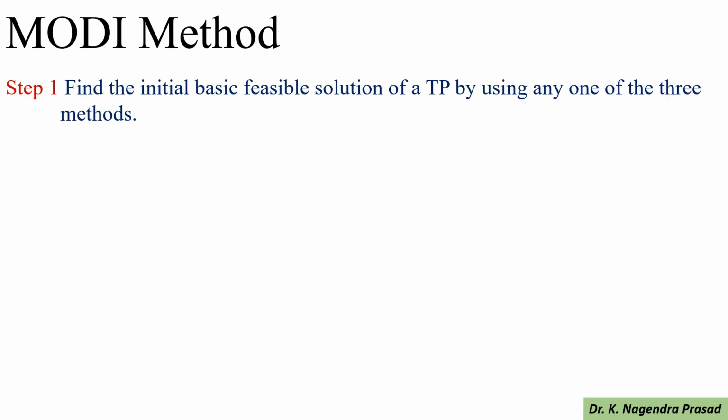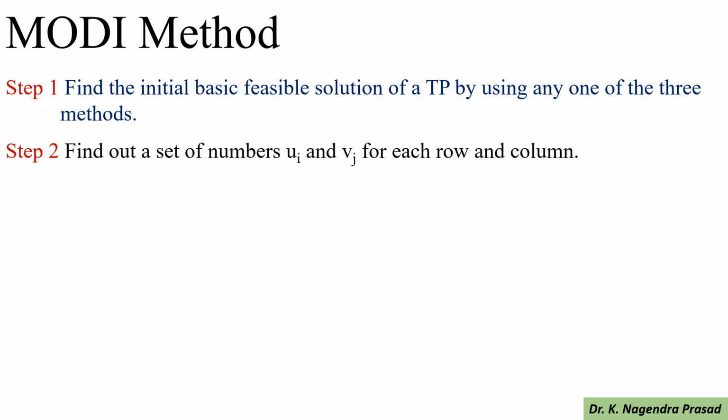Now we will look at the procedure for the MODI method. The first step is to find the initial basic feasible solution of a transportation problem by using any of the three methods, such as the northwest corner rule method, least cost method or VAM method.